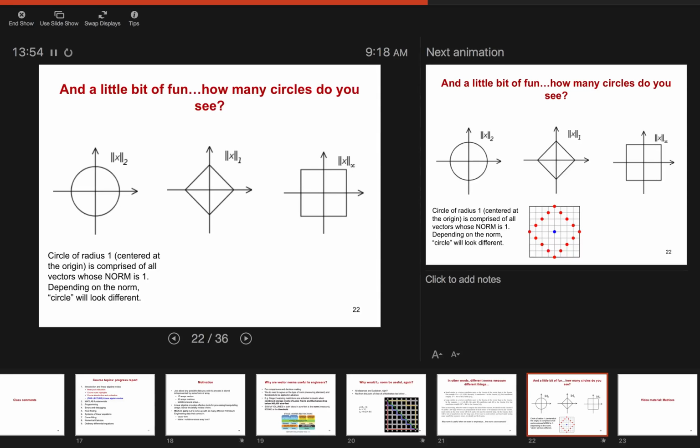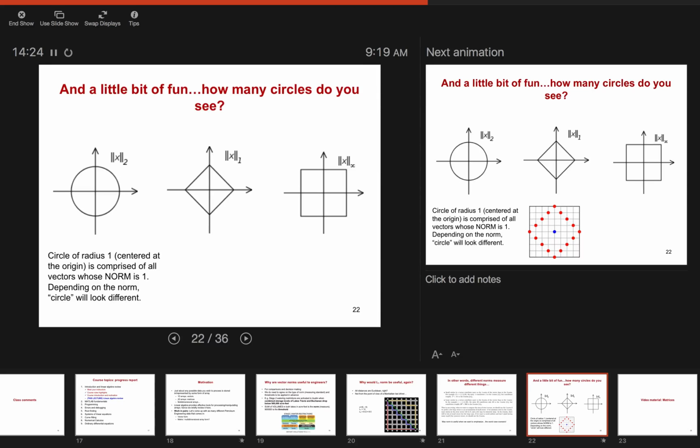The definition of a circle with the L2 norm is that the square root of x squared plus y squared is equal to 1, correct? If my definition of a circle is that the L1 norm of a vector is equal to 1, not L2 but L1, then I don't have the square root of x squared plus y squared equal to 1 anymore. I have absolute value of x plus absolute value of y is equal to 1, correct?